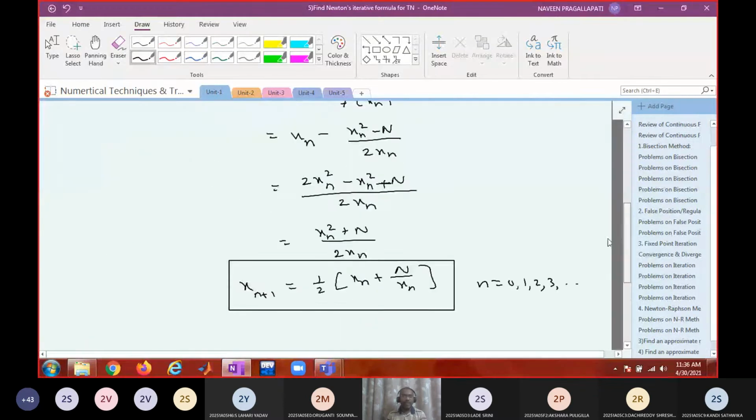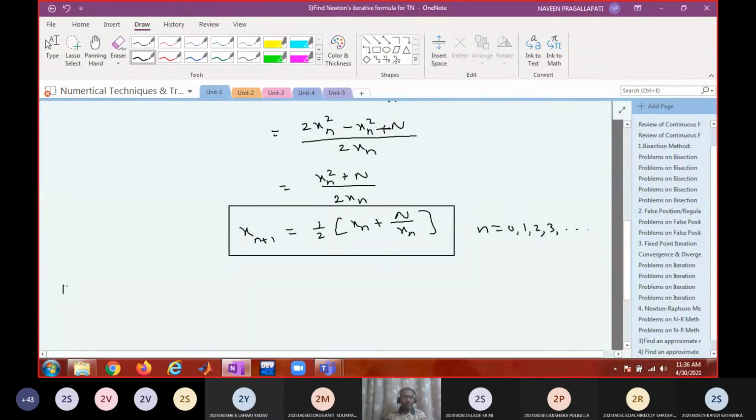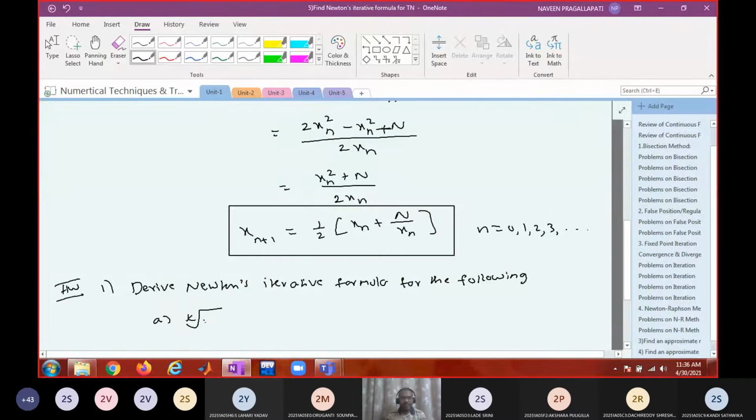Shall I give some homework problems? Yes, sir. Derive Newton's iterative formula for the following: the kth root of n.